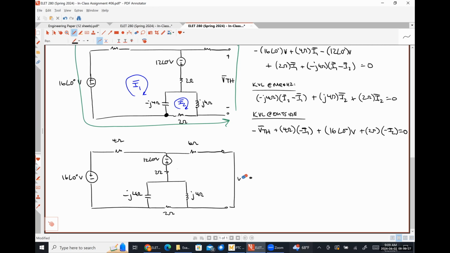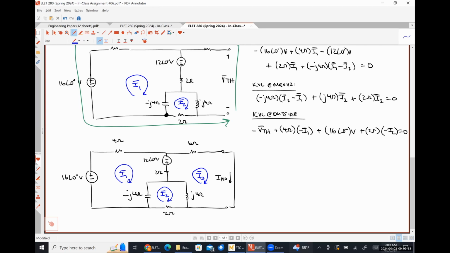Let me move it to the inside here. So how might we go about doing that? Mesh, why not? So it's going to be incredibly similar to our first analysis. So here's our current I1, I2, and I3.